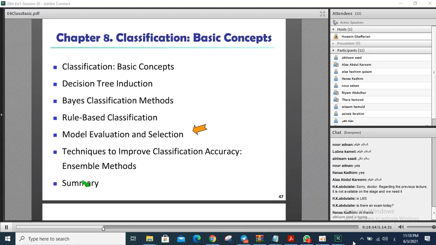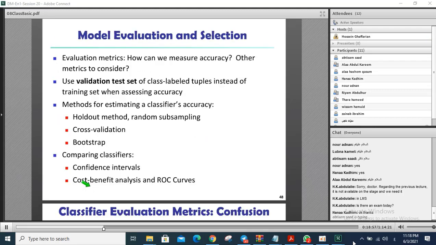Until now, we talked about decision trees, Bayesian classification, and rule-based classification. We have a large number of classifiers. You can find them in different sets or different applications.